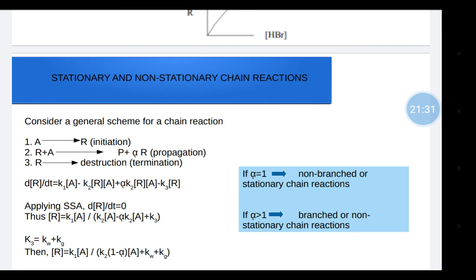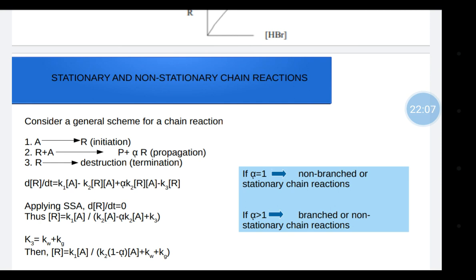Now, a critical situation arises when alpha becomes so large that K2[A](1 - alpha), that is the first term in the denominator, equals minus of Kw plus Kg, thereby making the denominator in this equation approach 0 and the carrier concentration infinite. Right? If the denominator is equal to 0, then the concentration of R will be infinite. Any number divided by 0 gives infinite.